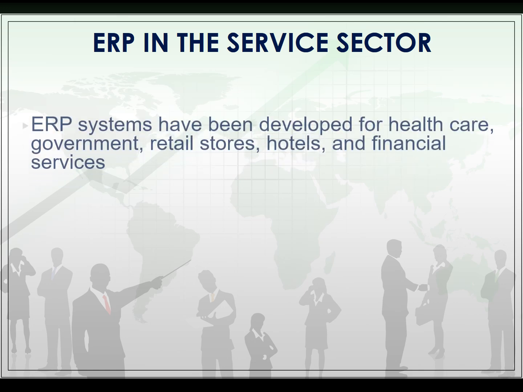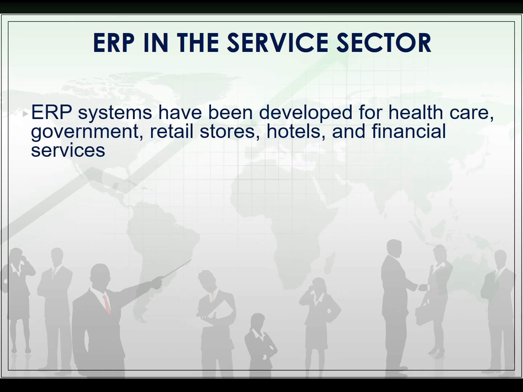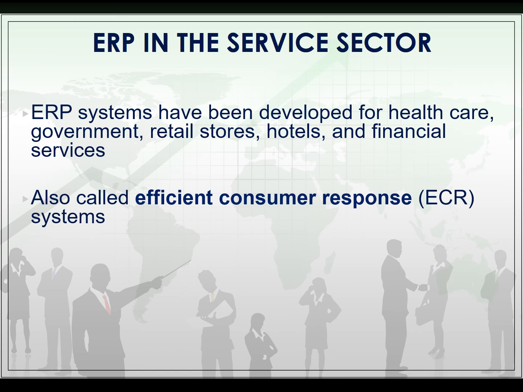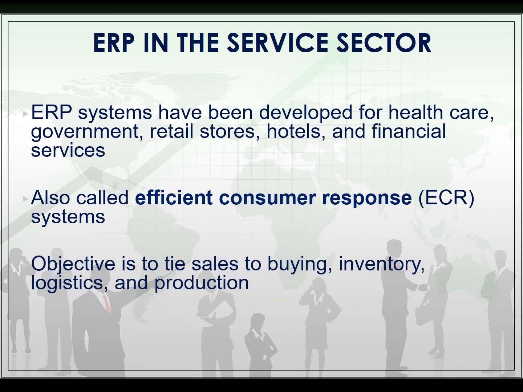In the service sector, ERP systems have been developed for healthcare, government, retail stores, hotels, and financial services. It's also called Efficient Consumer Response, or ECR. The objective is to tie sales to buying, inventory, logistics, and production.